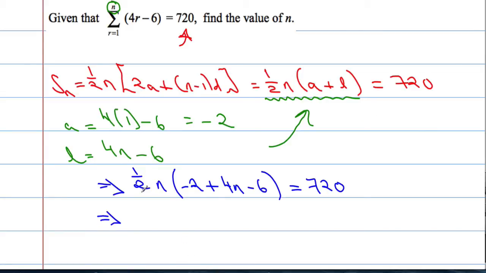Okay, I'm going to multiply everything by 2 now because I don't like a half n, so I'm going to make this nice and easy now. N times, I can combine this negative 2 and negative 6, so we get 4n minus 8 must equal 2 lots of 720, 1440.